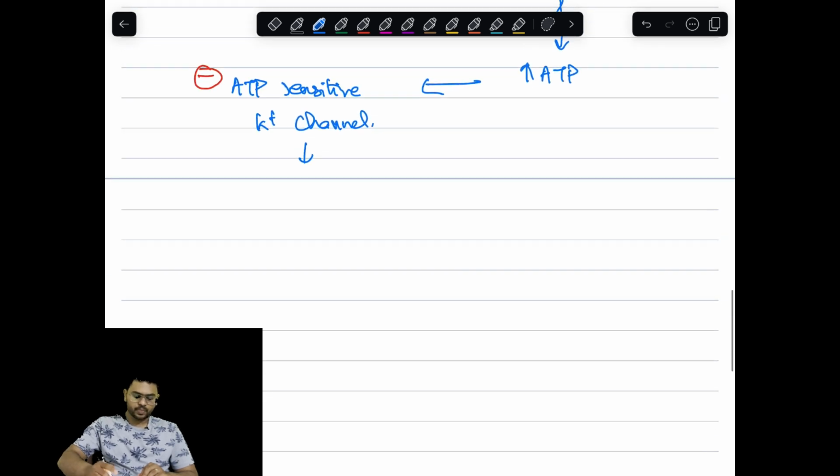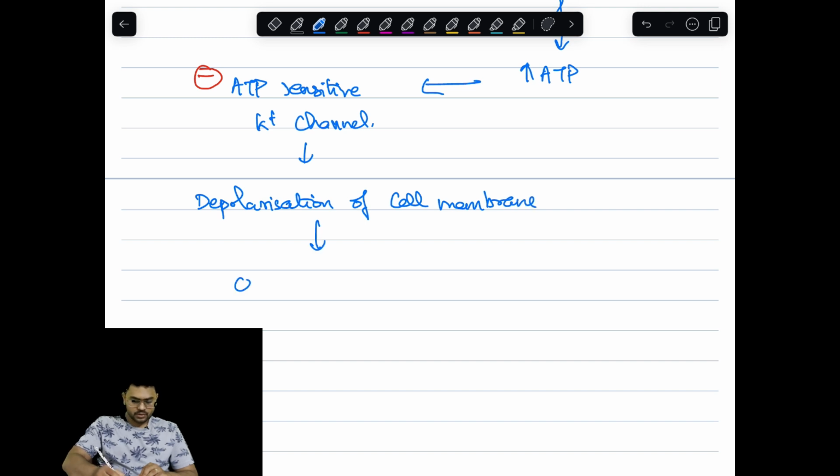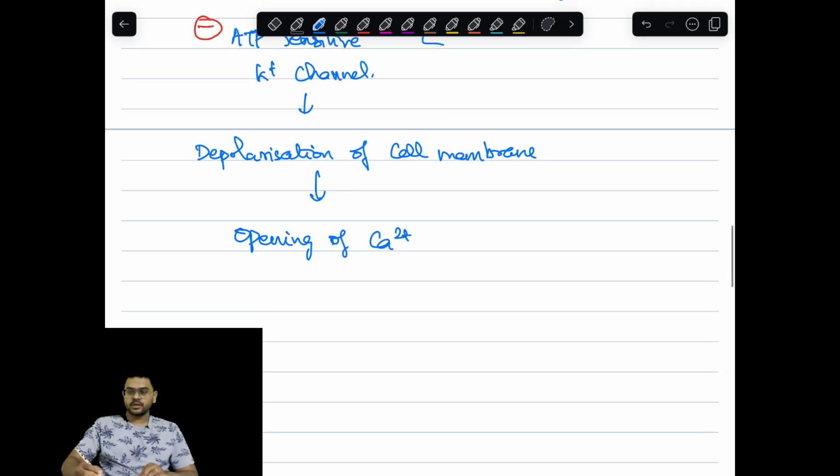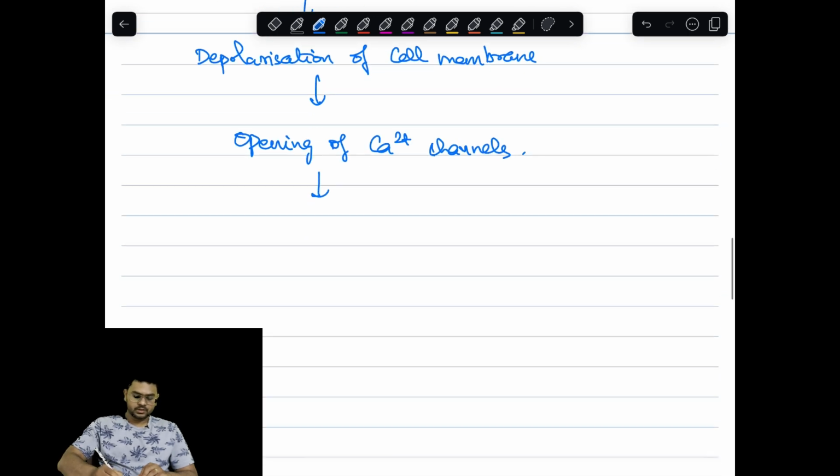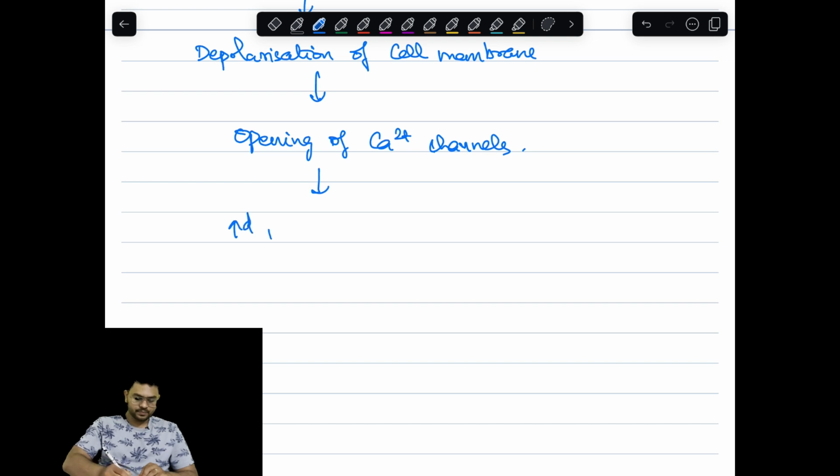This leads to depolarization of cell membrane, which leads to opening of calcium channels. So there is increased intracellular calcium.